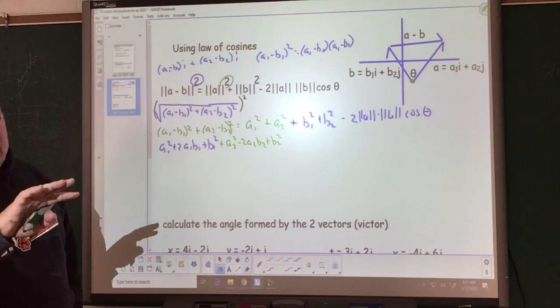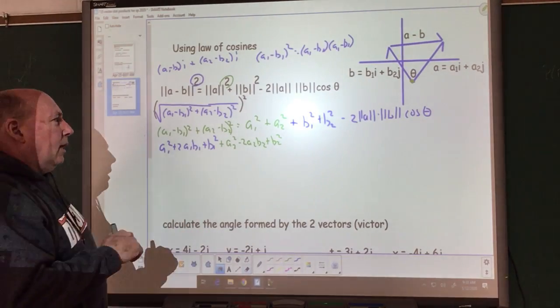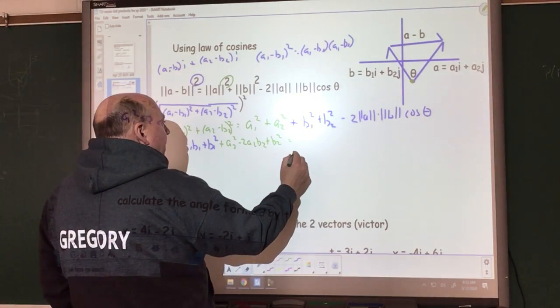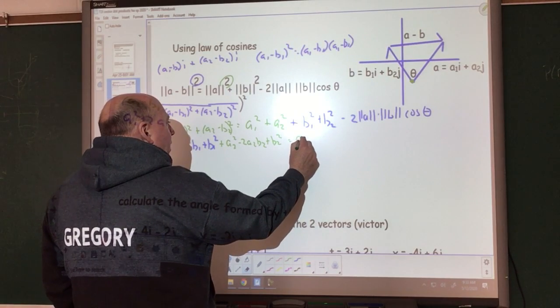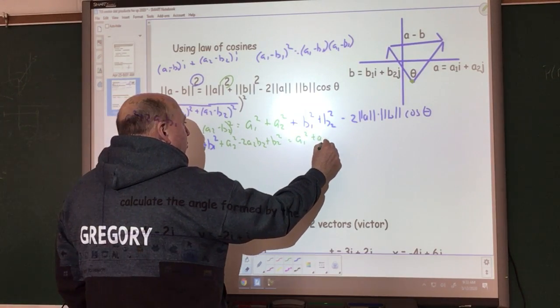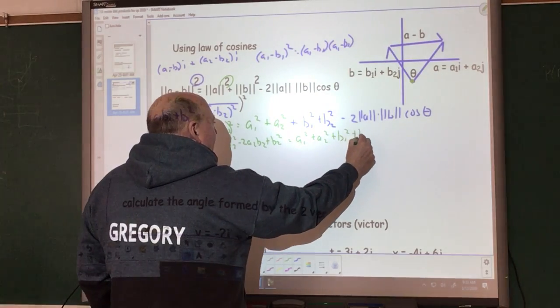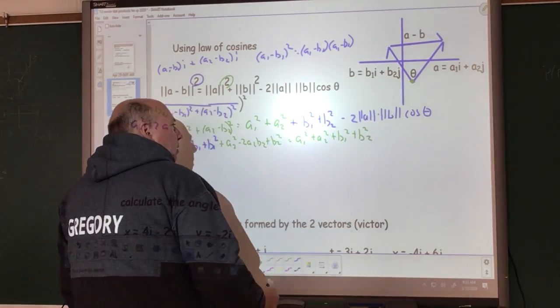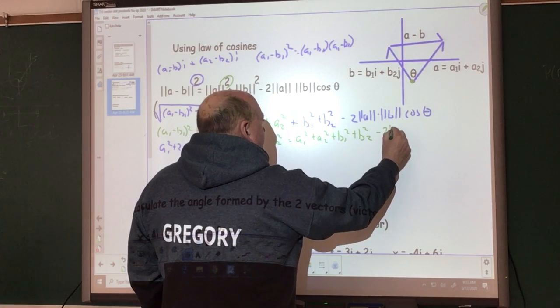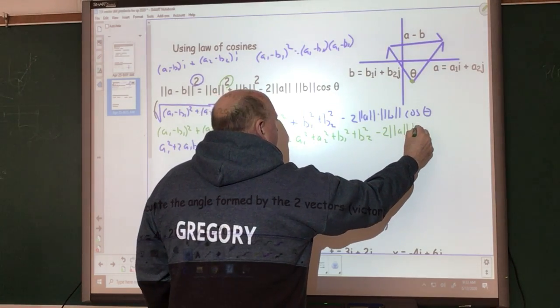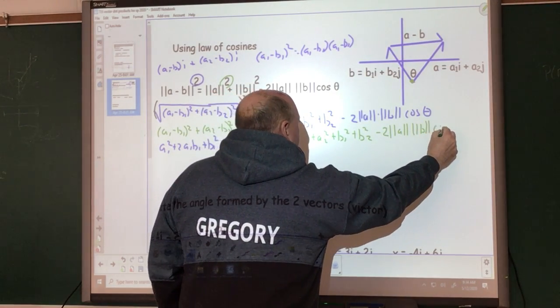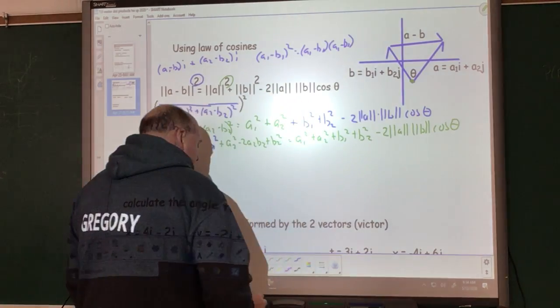And like I said, it starts out a little ugly here, but it will clean up real quickly after this step. And this is equal to A1 squared plus A2 squared plus B1 squared plus B2 squared minus 2 times the magnitude of A, magnitude of B, cosine of theta.